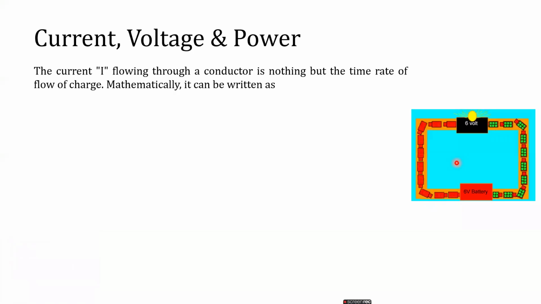You can see one animation GIF written here. It consists of a wire, a battery, and a resistor. In the place of the resistor here, a bulb is used. A 6-volt bulb, a 6-volt battery, and the wires. So in a wire, the current I is flowing. You can observe here.